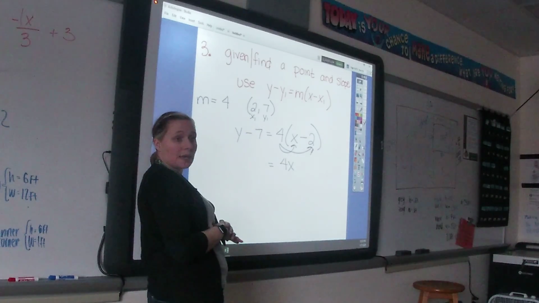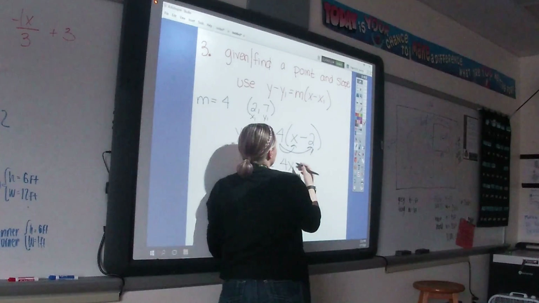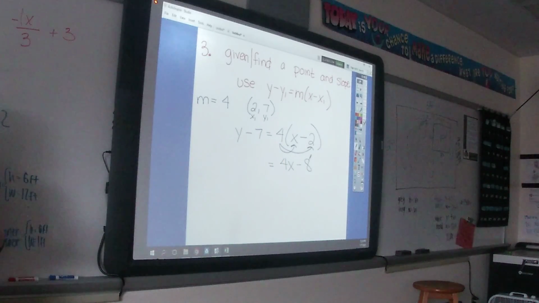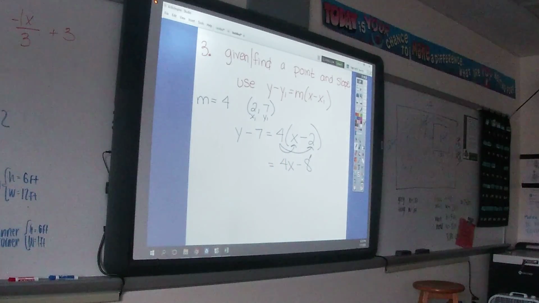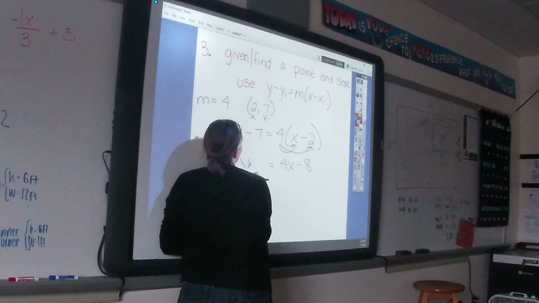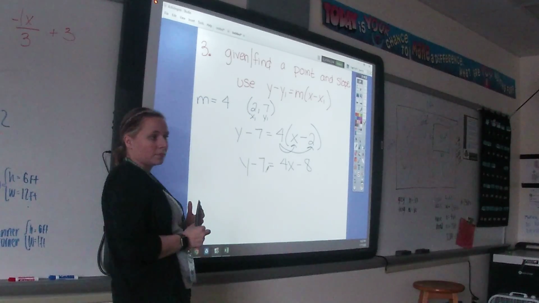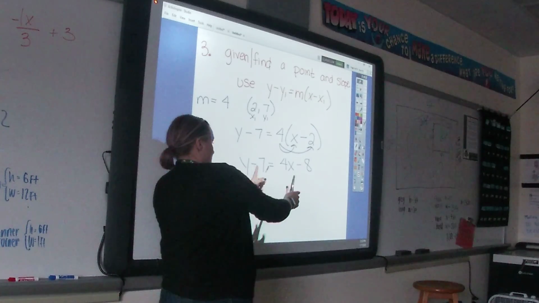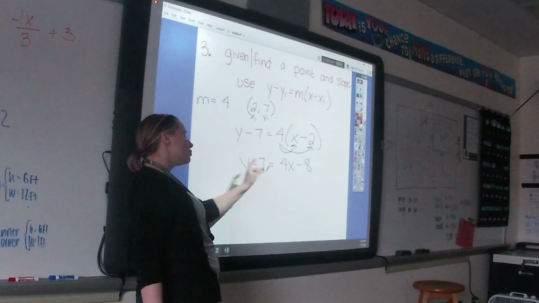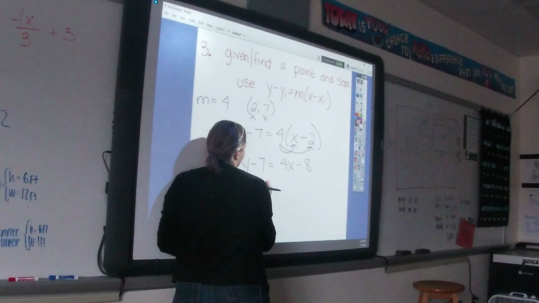Negative 2. So 4 times negative 2 is negative 8. I strongly suggest you think about that as a negative 2 so you don't end up with 2 signs. So now we have y minus 7 equals 4x minus 8. And we can combine like terms so we can get our constants together. How do we undo subtracting 7? Addition.